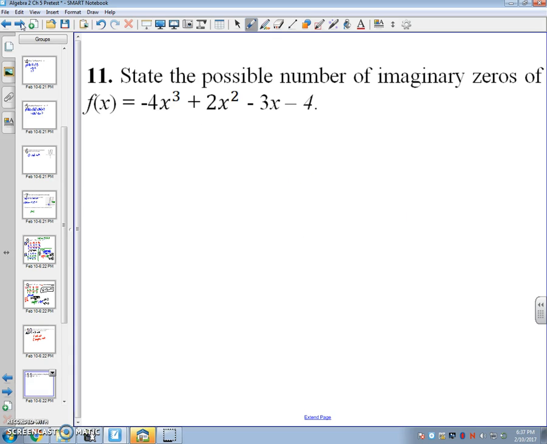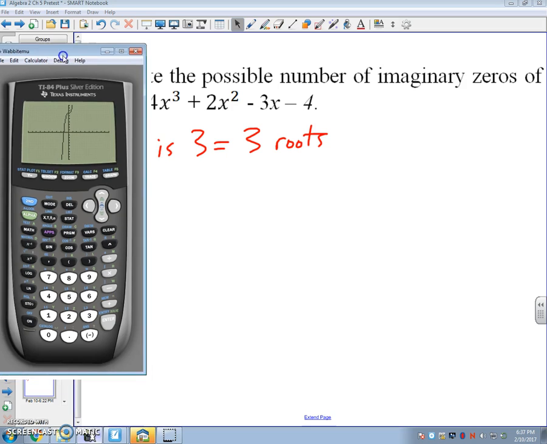All right, state the possible number of imaginary zeros for this. It's actually just like the last problem. So the degree, again, is 3. That means there are 3 roots. They just want to know how many are imaginary. So let's graph it.